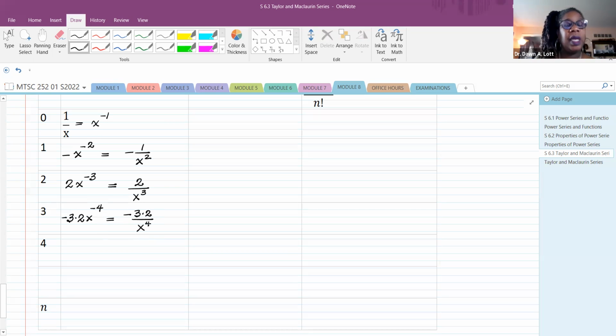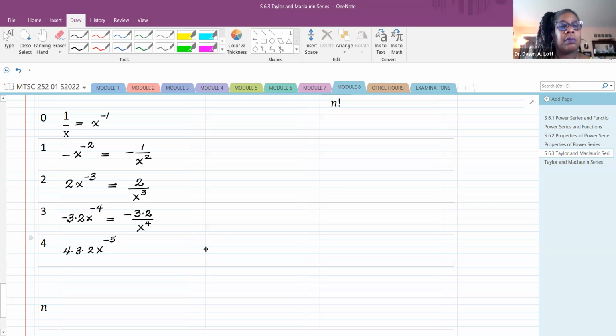Now I'm going to bring the negative 4 down. So now I'm going to get a positive 4 times 3 times 2 times x to the negative 5. So now this looks like 4 times 3 times 2 divided by x to the 5th. And you may need to do one more.